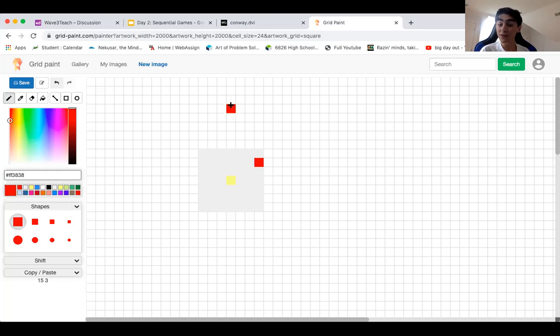So who's going to win? I'm just curious what people think. The devil wins if it traps the angel, and the angel wins if you can prove that the angel can survive infinitely.